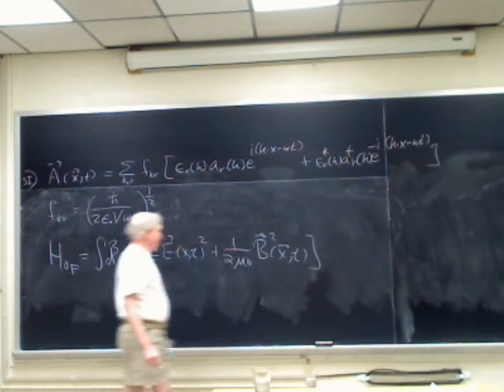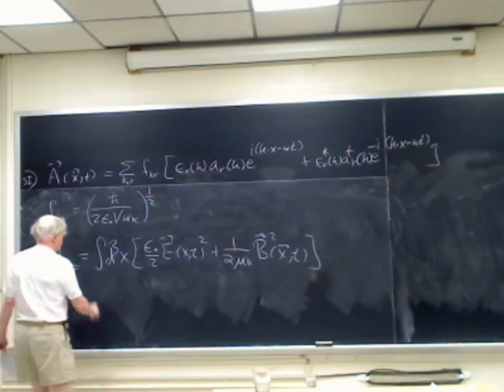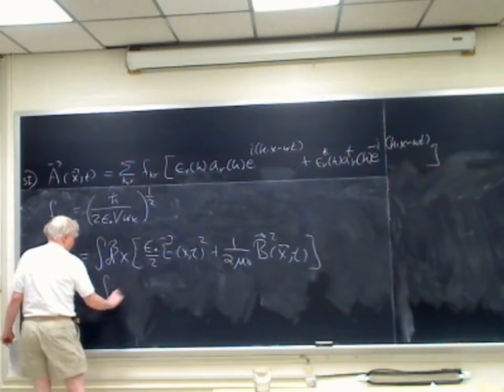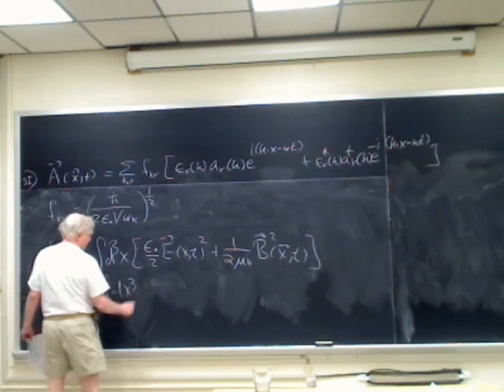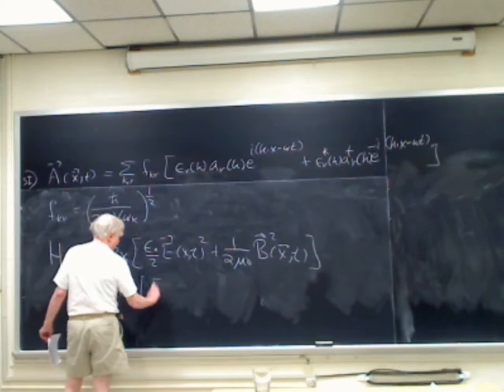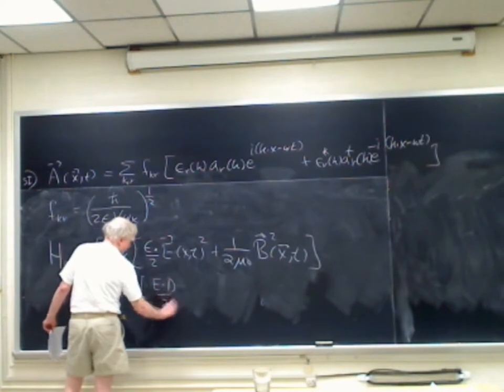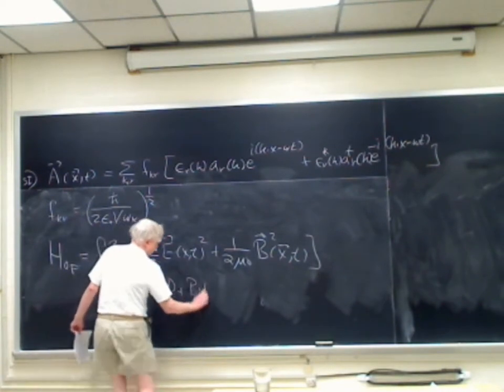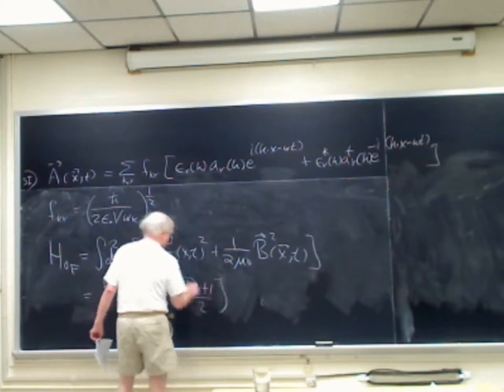And remember, this comes from an integral d cubed x of E dot D over 2 plus B dot H over 2. So that's what this comes from.